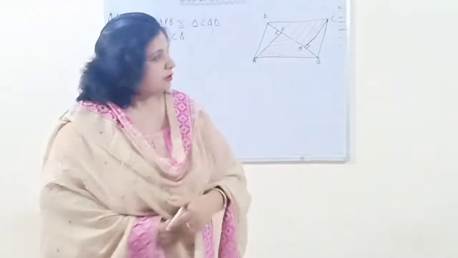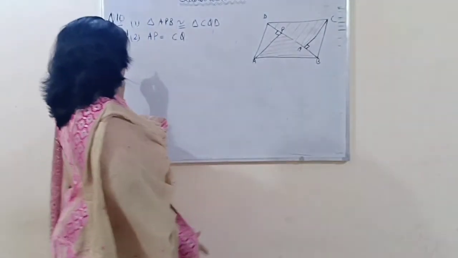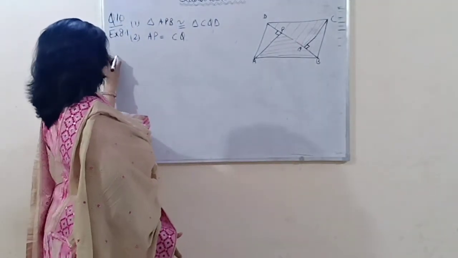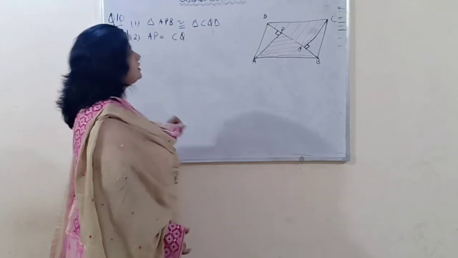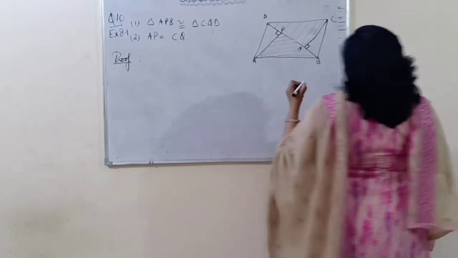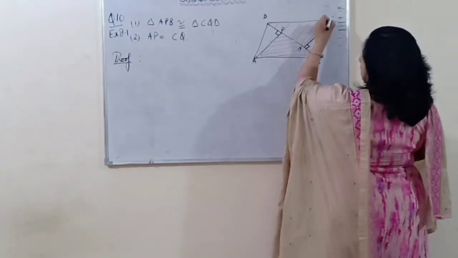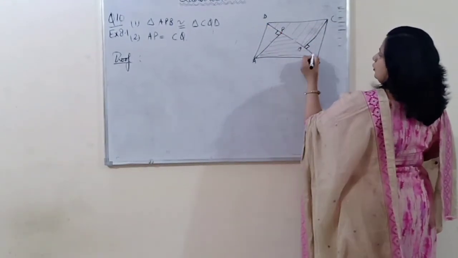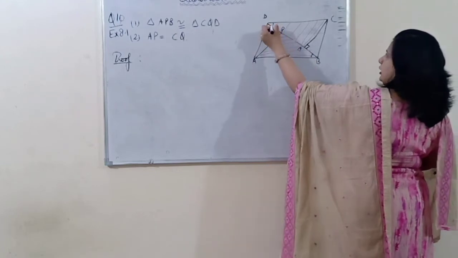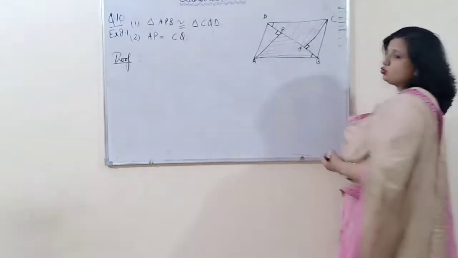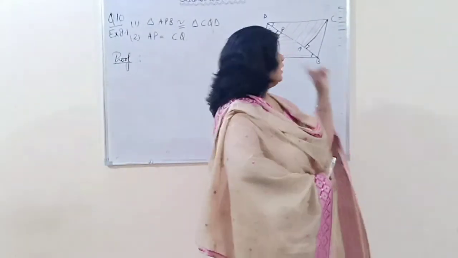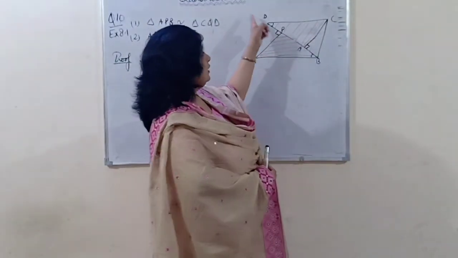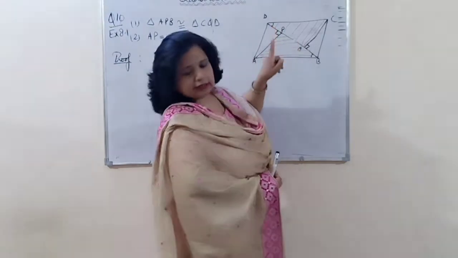Now here, let me explain. To prove this, you have to write first and then comes your proof that AB is parallel to CD. So these are the pair of alternate angles between these two lines. If two parallel lines are intersected by a transversal, then the pair of alternate angles are equal.